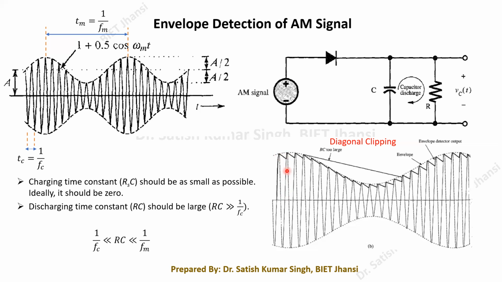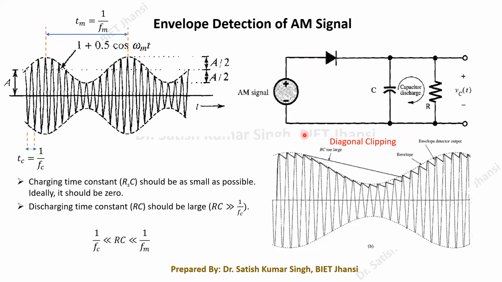As soon as the voltage at this point becomes greater than this discharged value of the capacitor, the anode terminal will again become positive and the cathode terminal negative, so the capacitor is going to charge again when the diode turns on.